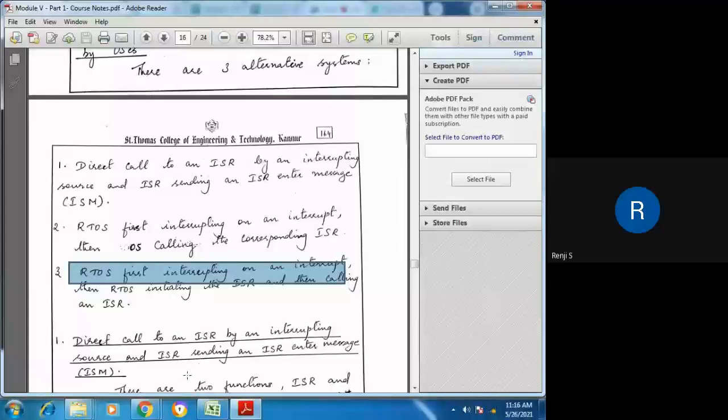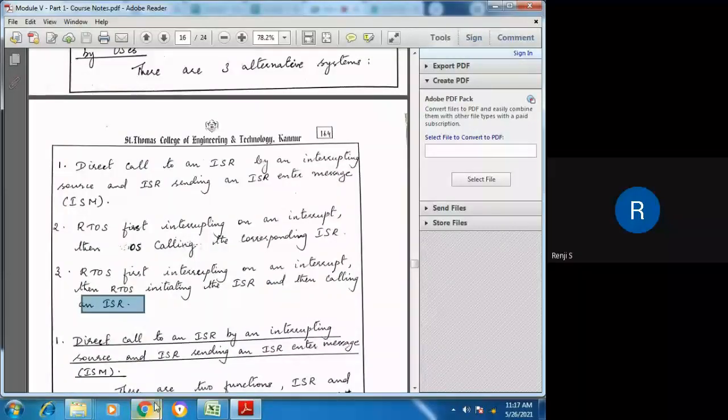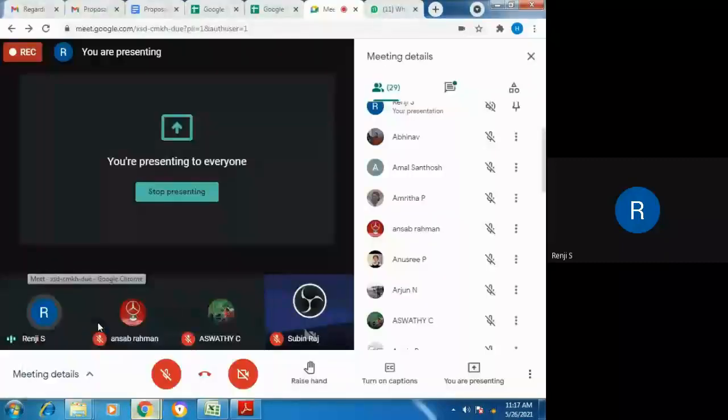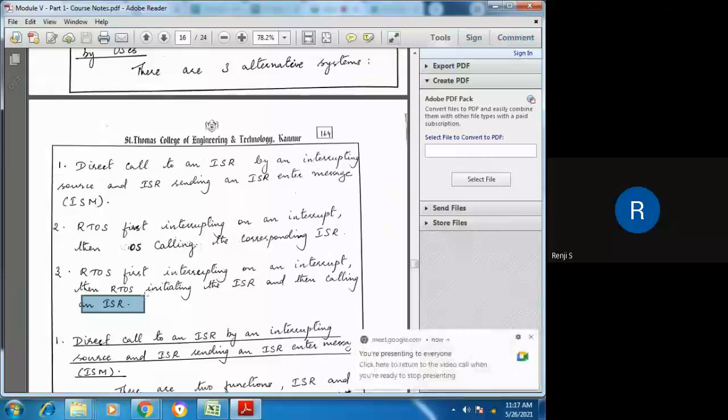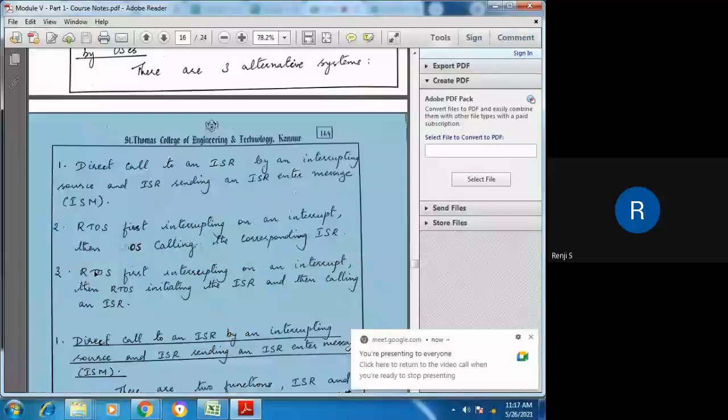Instead of jumping directly to the ISR, it will initiate another ISR, and this ISR will check the priority of the interrupt request that has arrived, and then if it has high priority, it will call the ISR. The sentence is grammatically difficult to understand, that's why I'm explaining it. That is, RTOS first getting interrupted on an interrupt, then RTOS initiates the ISR, which calls another ISR which has higher priority. So it's a three-step process.